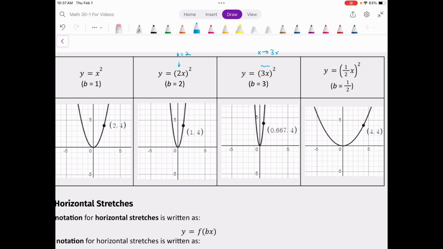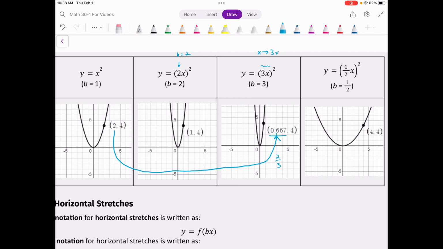Sure enough, look at this. Compared to y equals x squared, the graph of y equals 3x being squared gives us this, right? 2 times 1/3 is 2/3, which as a decimal is 0.6667. The software I use to make these graphs wouldn't show me fractions. I wish it would have. Okay, so, right? Pretty cool.